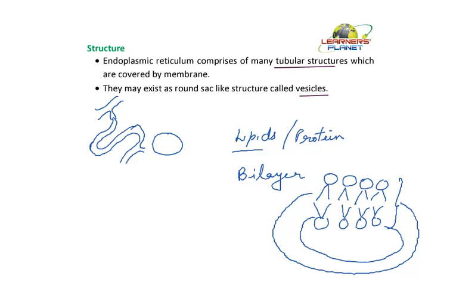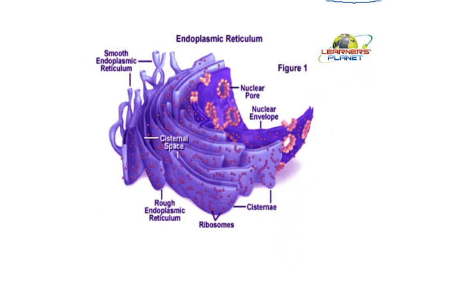Now you can see, if they are arranged in this way, either it is a tube or a circular vesicle. In both cases, the interior space is actually hollow. You can see this empty space in between, in the vesicle or in the case of this particular tubule. Now this particular space present here is known as a lumen.